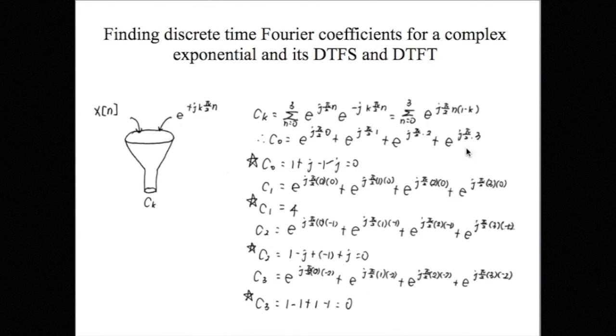So we need to note that we replace the value of n from 0 to 3, that would be 1 period. Now we can calculate c k accordingly.